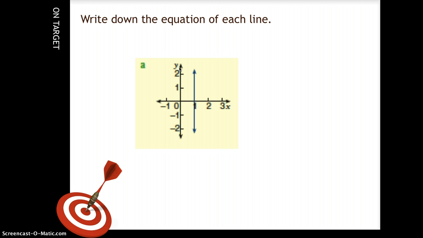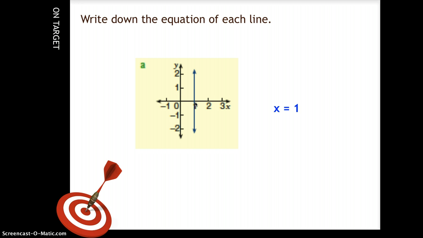We are not going to put a table of values anymore, but you can if you want to, just to guide yourself. I know it's at 1 and it's parallel to the y-axis. That means it's vertical, so my line is x equals. What's the value? It's going to be 1. So the equation of the line is x = 1.